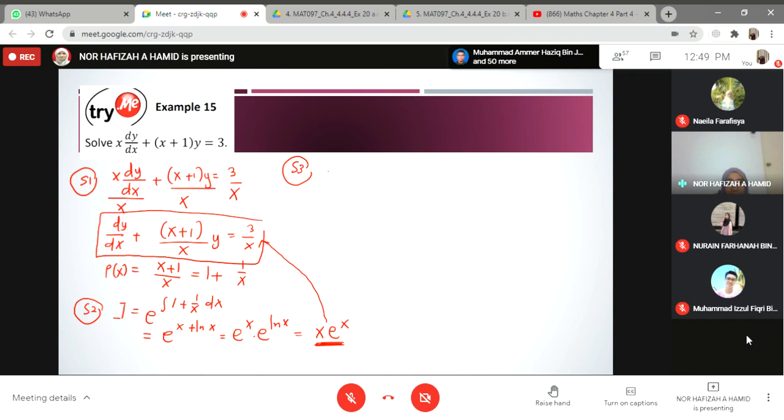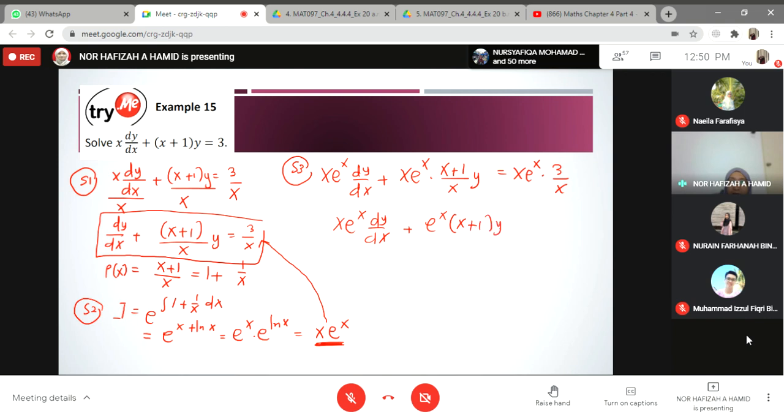So you will have x e^x dy over dx, so plus with, okay, so saya multiply semua dengan integrating factor, equal to x e^x times with 3 over x. Okay, so you simplify, becomes you have x e^x dy over dx, so plus with e^x, x plus 1, y equal to 3x e^x over x.